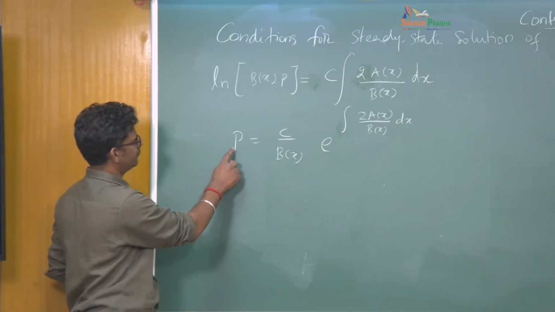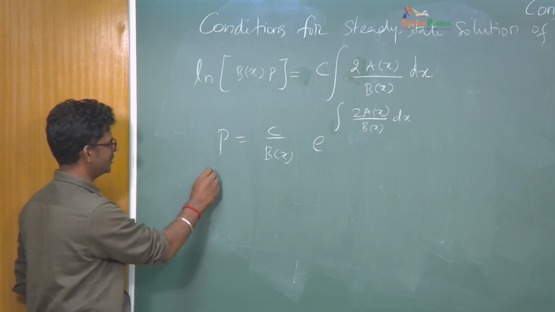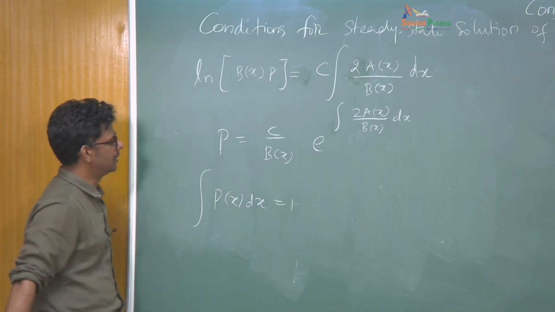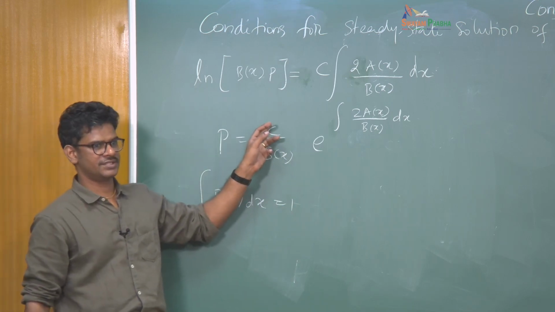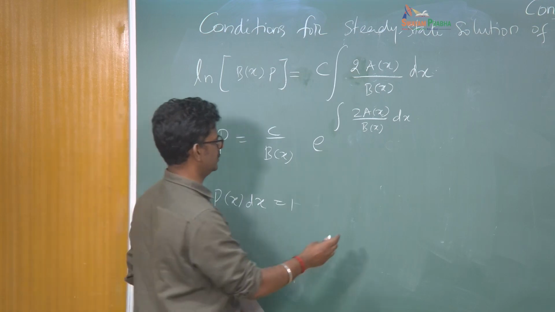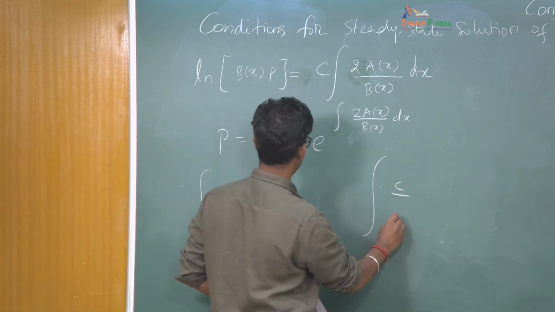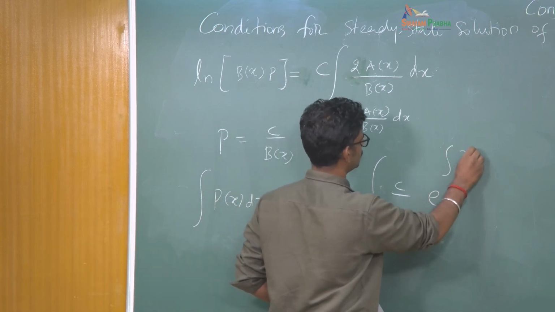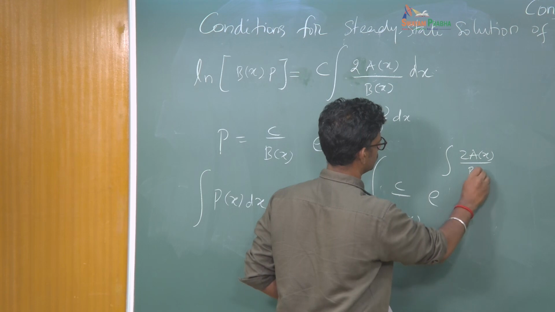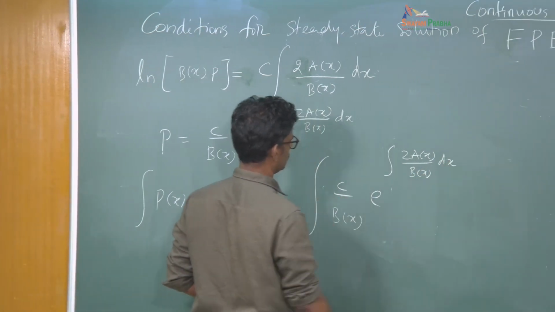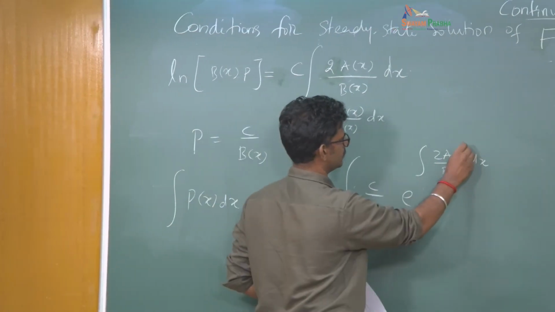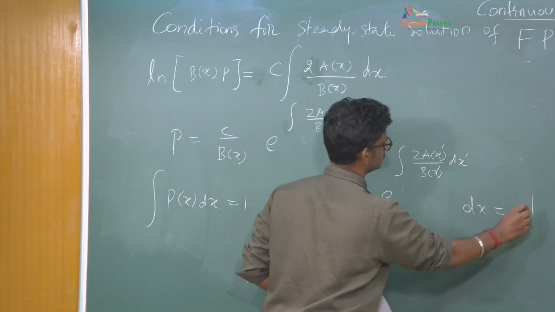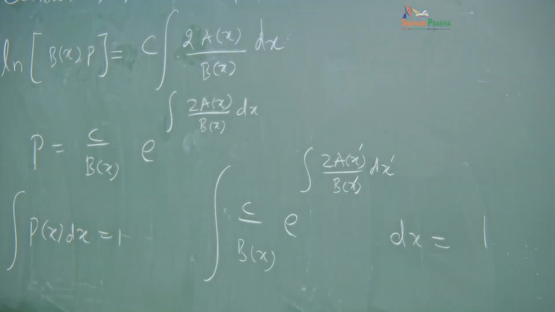Obviously for this function we apply the normalization condition, that the integral of p(x) dx has to be 1. So we can use this to calculate the unknown constant c. We say that p(x) equals c/b(x) times e to the power integral of 2a(x')/b(x') dx'.